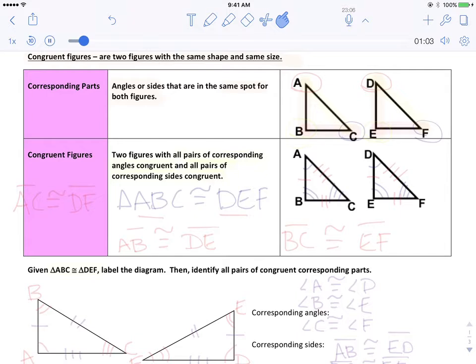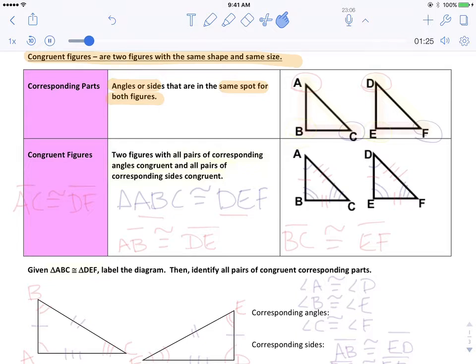So remember that congruent figures are any two figures that have the exact same shape and size, which means that not only are they the same shape and size, but their corresponding parts, in this case the angles and the sides of a triangle, are in the same spot for both figures.